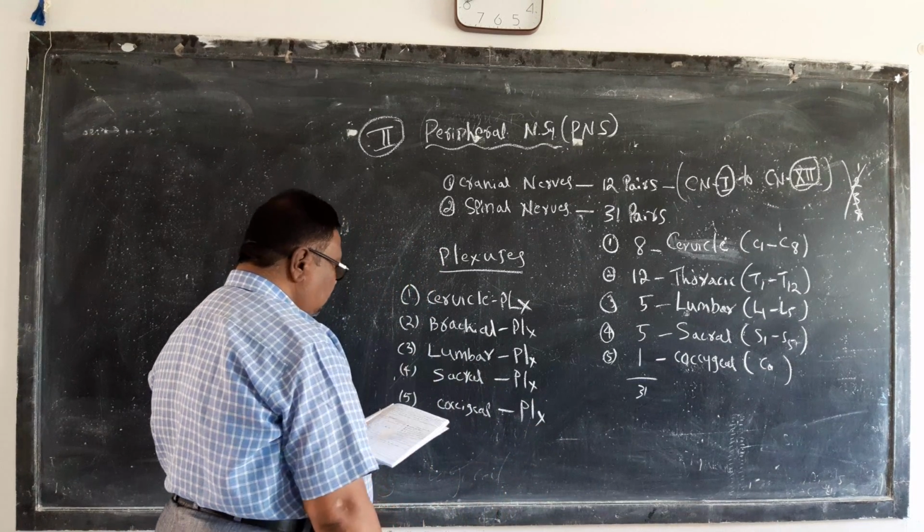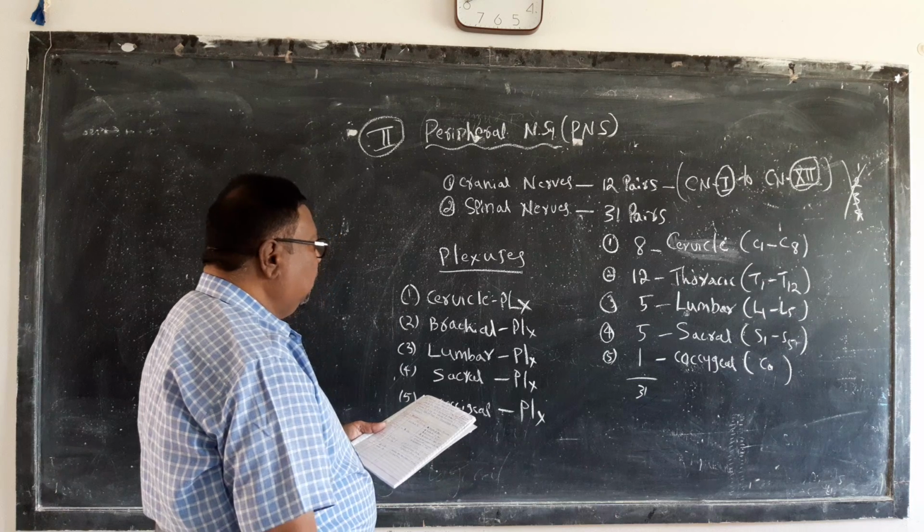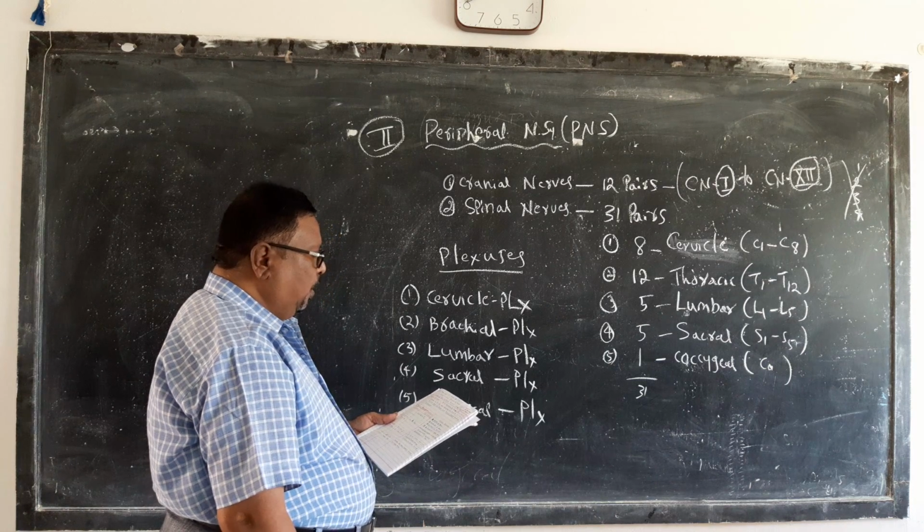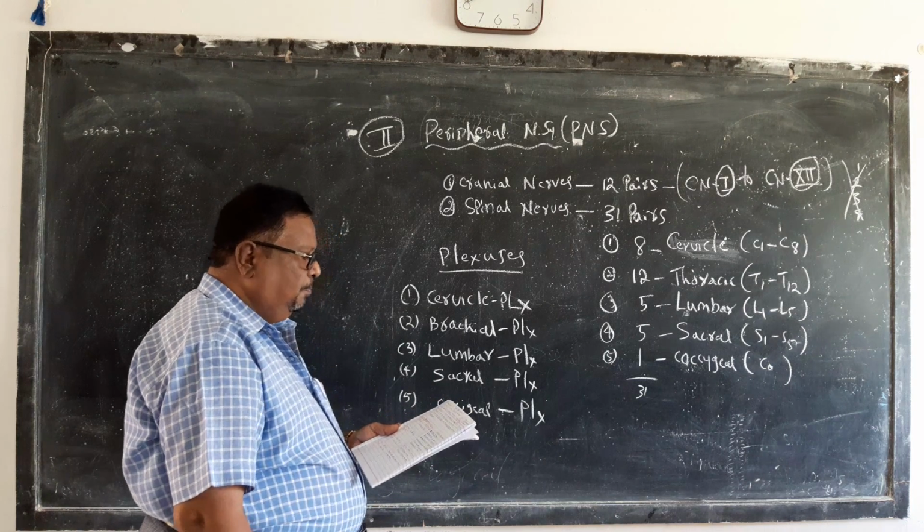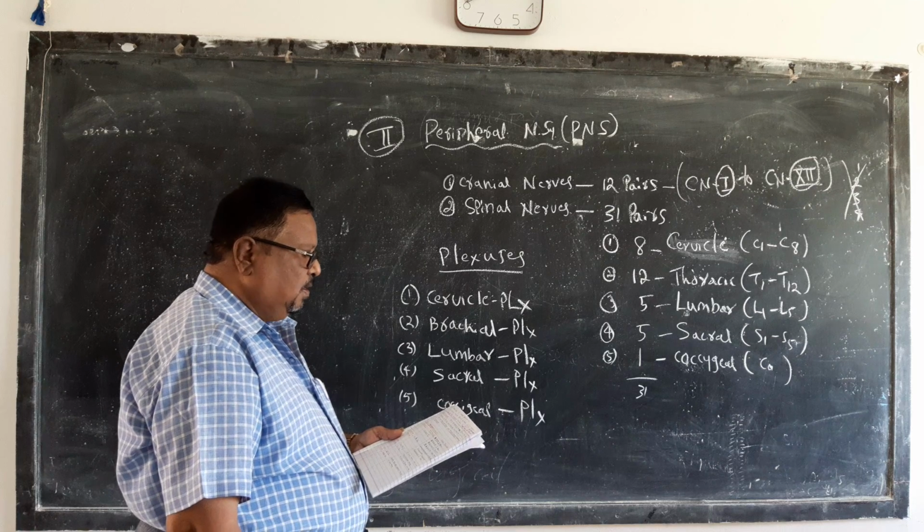So there are 5 plexuses, or groups of nerves that form a single bundle.